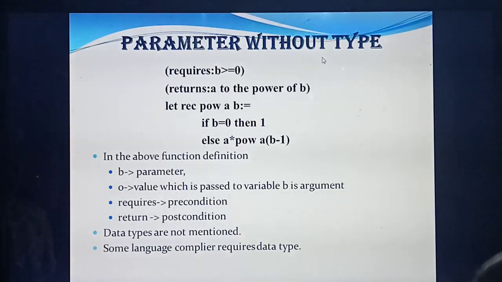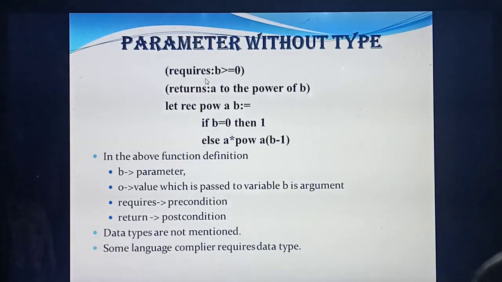In the Python programming language, data type is not compulsory. But in C++, the data type is very, very important. If you are not giving the data type, you will get an error message, isn't it? But in Python, data type is not compulsory. Understood? Okay, so this is a simple example program for this heading.